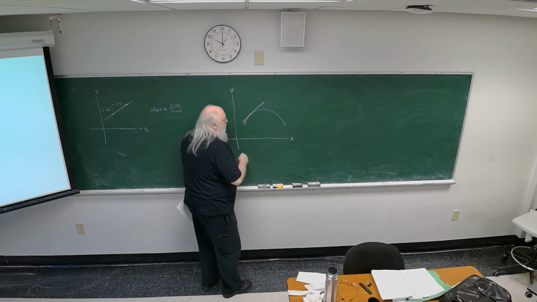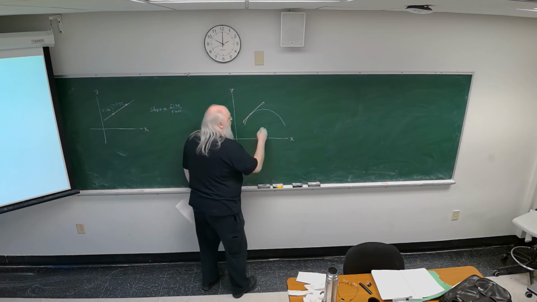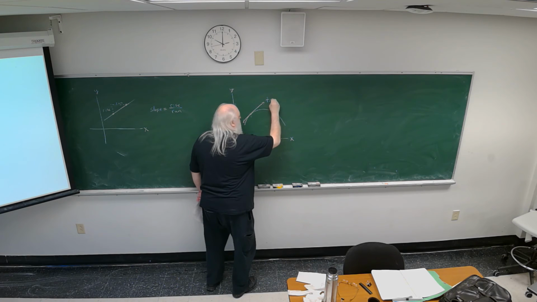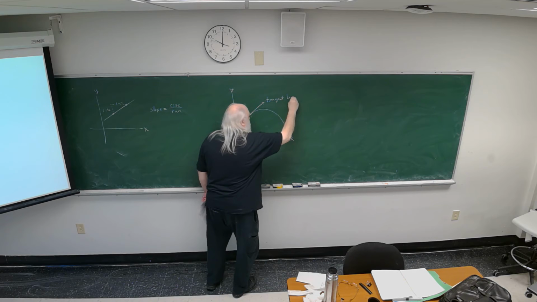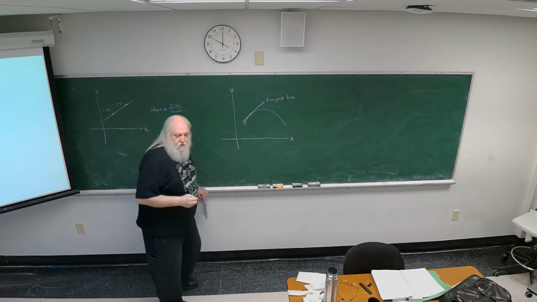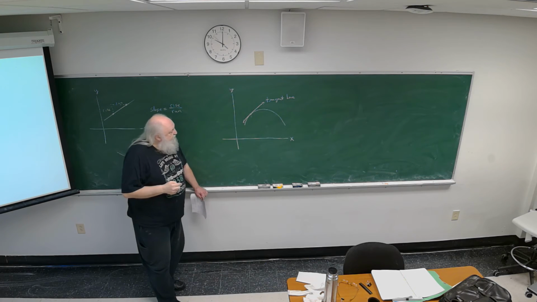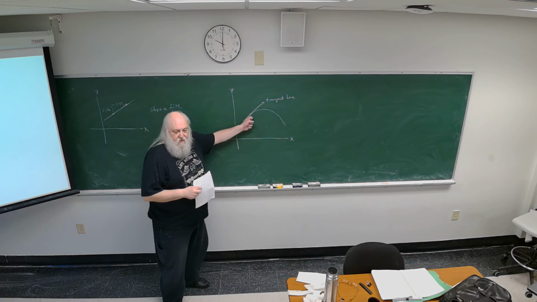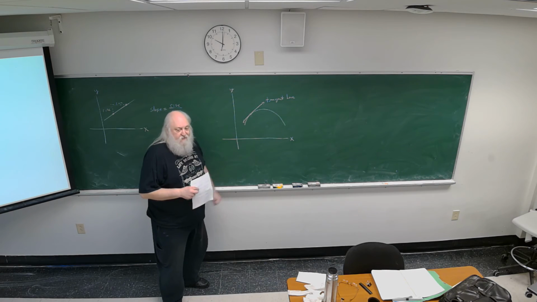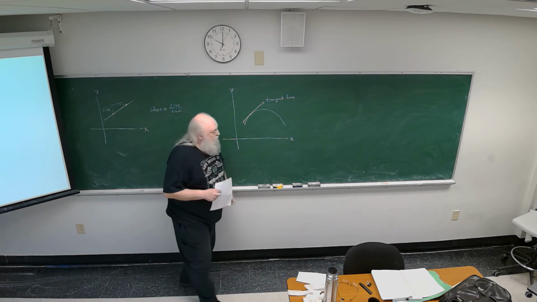There is a line that just touches this curve at that point, and that line is called a tangent line. The word tangent means to touch. There's a line that just touches the curve at that point. And it turns out that the slope of the tangent line and the slope of the curve at that point are the same. Okay.